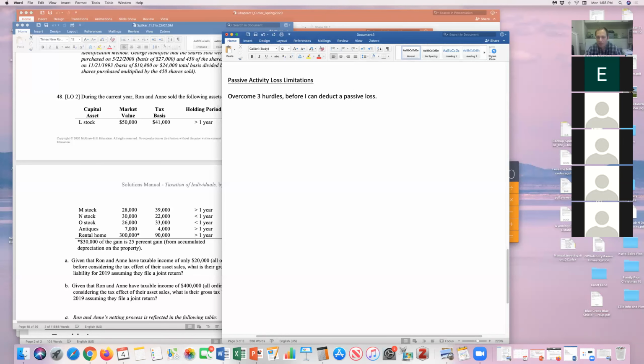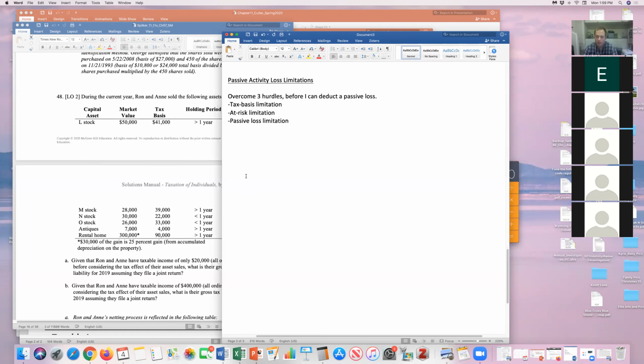Also, if you have any real estate that you rent, that's considered passive activity, unless you overcome some tough restrictions to be considered a real estate professional. So I have the tax basis limitation, the at-risk limitation, and a passive loss limitation.